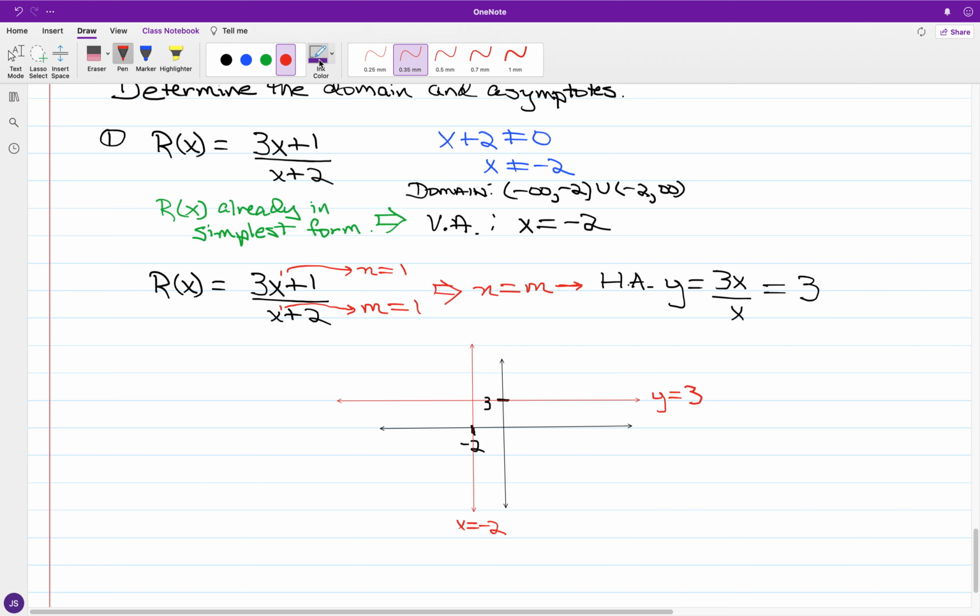Now there will be some rational functions where you could have contact with the horizontal asymptote, but vertical asymptotes are going to be off limits. For this function r of x, you will have to run tangent to both the vertical and the horizontal asymptotes.